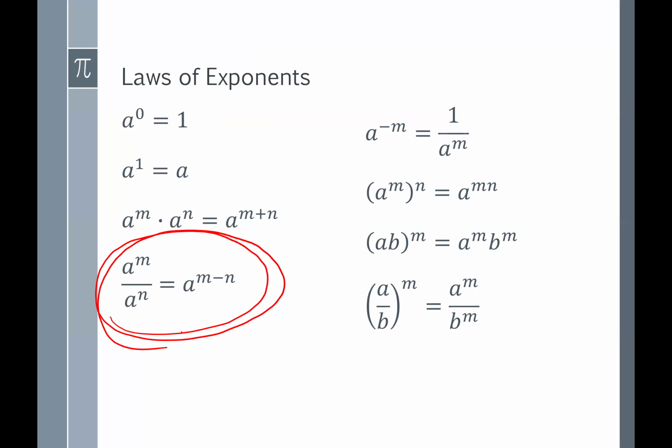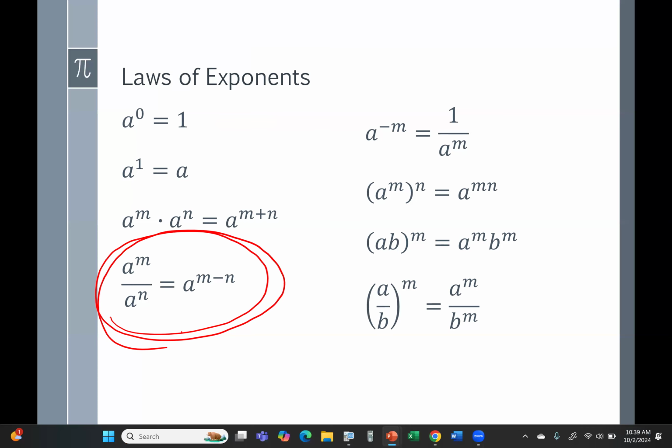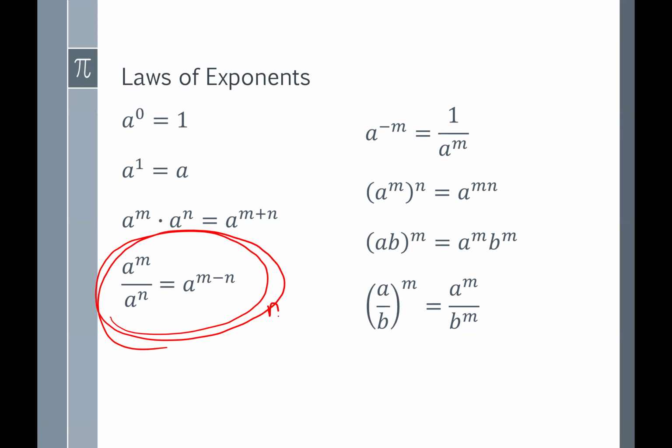If M and N equal the same number, so let's say M and N are the same thing, we have A to the M over A to the M. Well, that's 1, is it not? But it's also equal to A to the M minus M, which is A to the 0. So any real number except 0, if you raise it to the 0 power, you get 1.